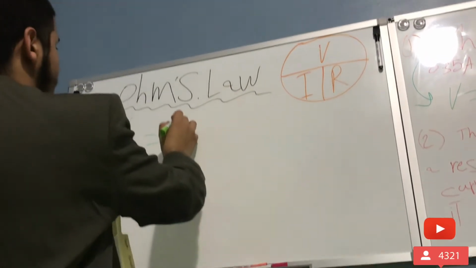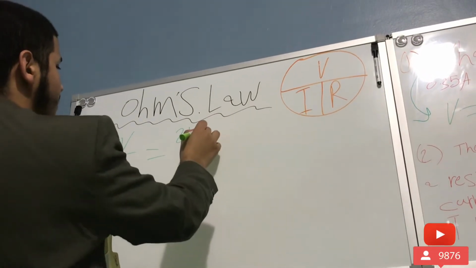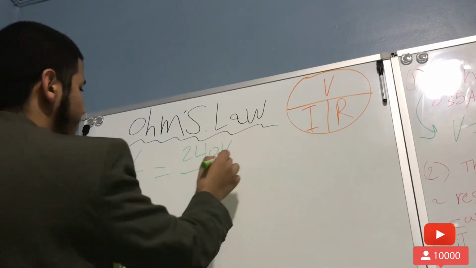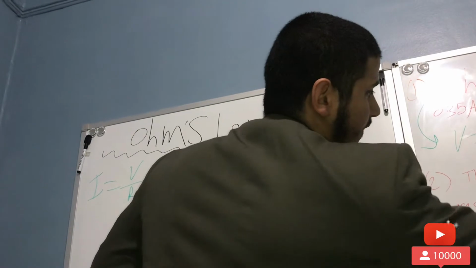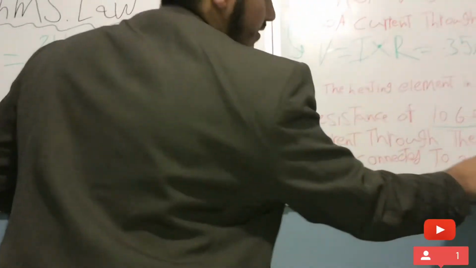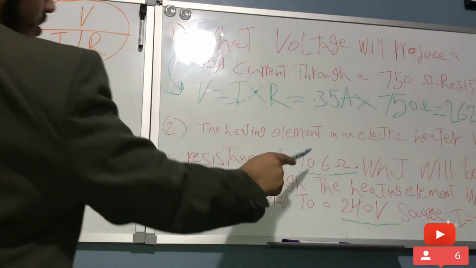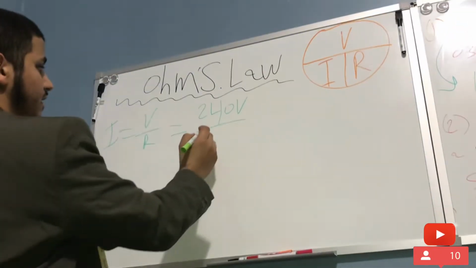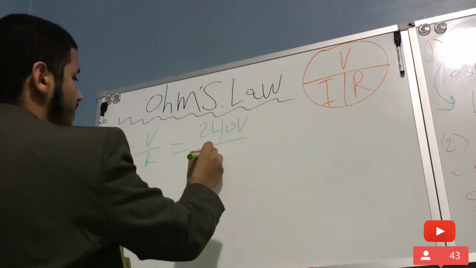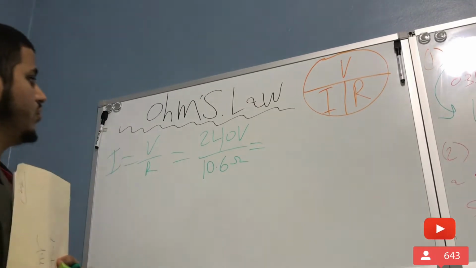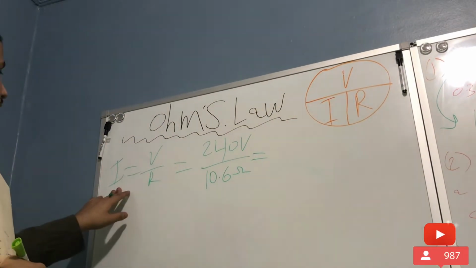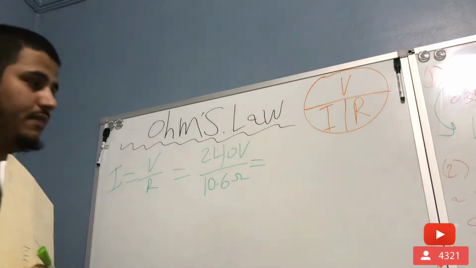So in this case, you put 240 volts divided by how many ohms of resistor you have. You have this ohms resistor right here, and this is the volt source, the power. You put 10.6 ohms resistor. So what will the current be on the heat element?